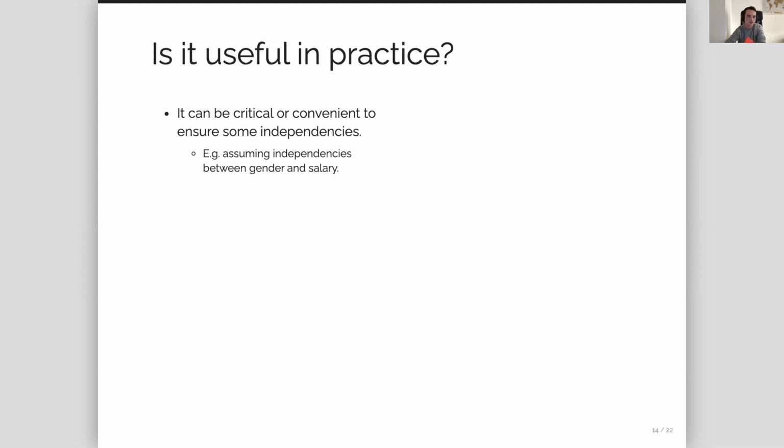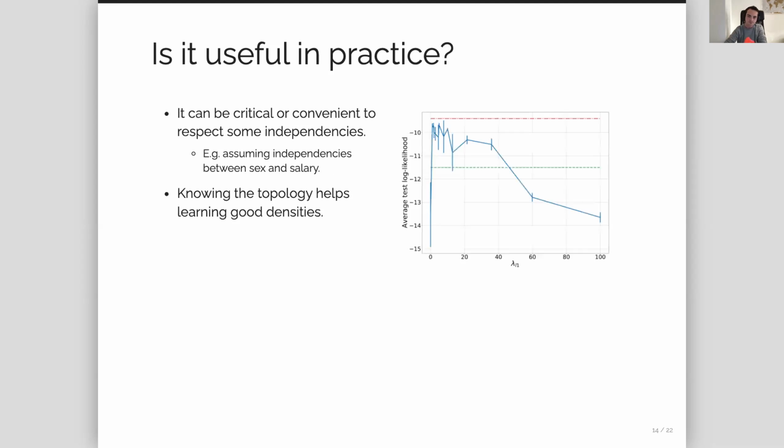In a perfect world, it's not like that, but maybe it could make sense at some point. And it's not only useful because you would like to ensure some independencies, but it's also useful if you know that some independencies are in your data, because it will then put a good inductive bias on your model.